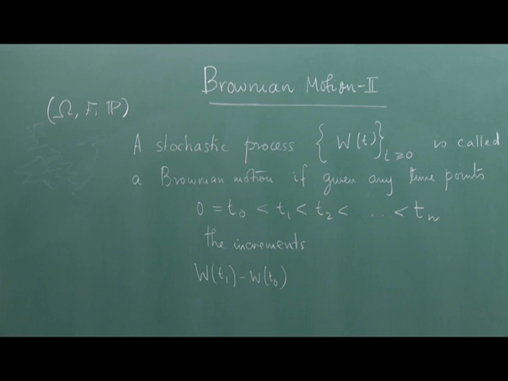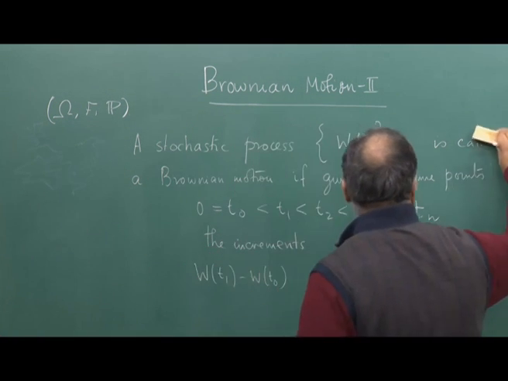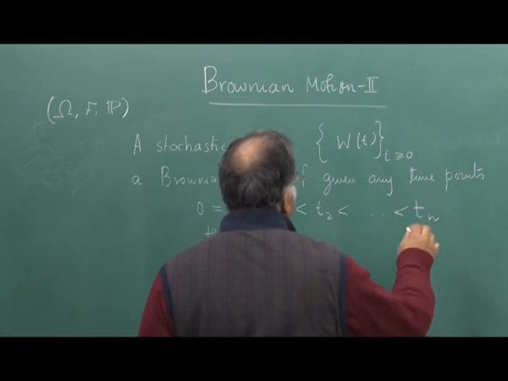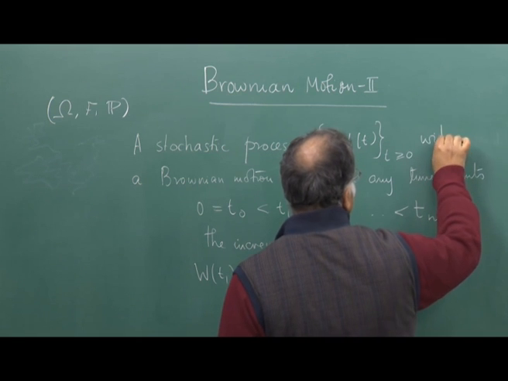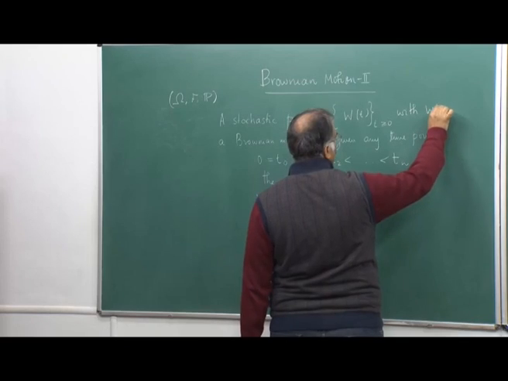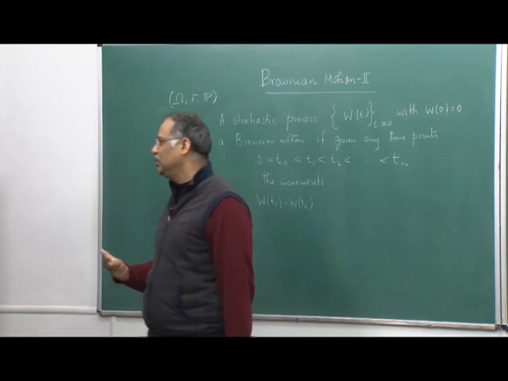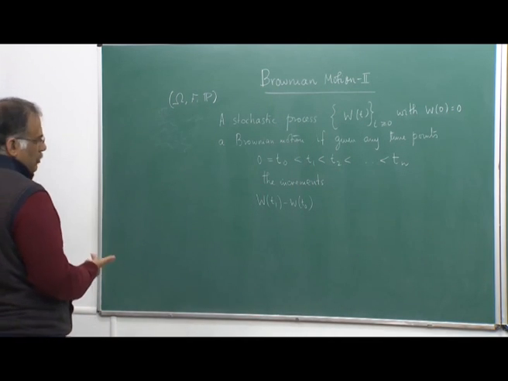Just a minute, I think I should just change it a bit. A stochastic process with W0 is equal to 0. So, it does not matter, whatever be your scenario omega, W0 is always 0.